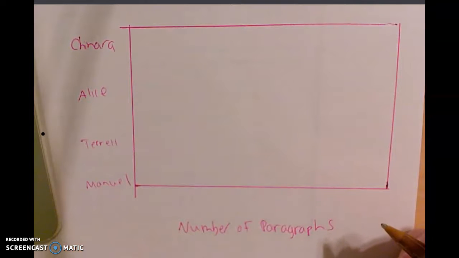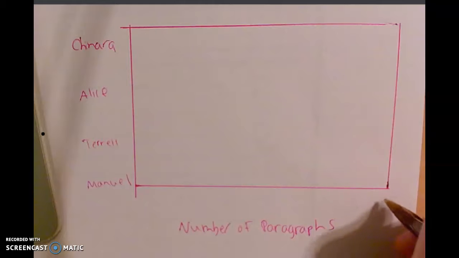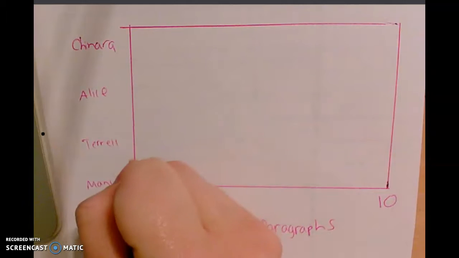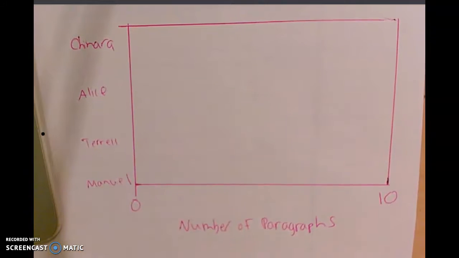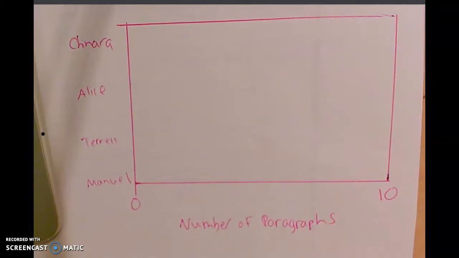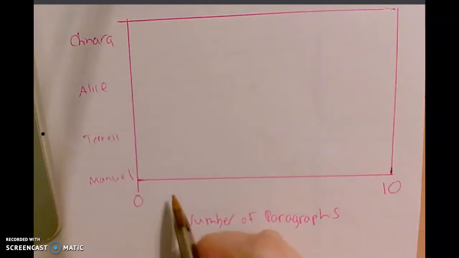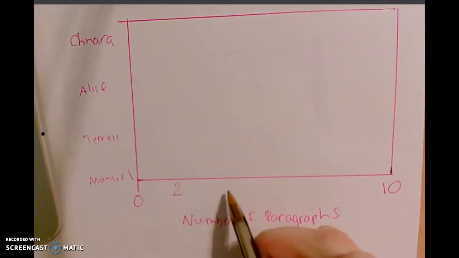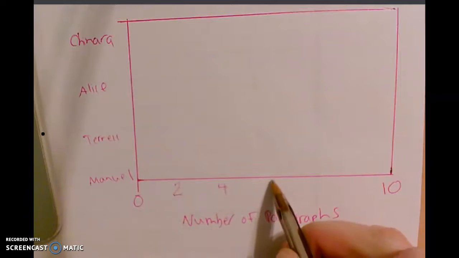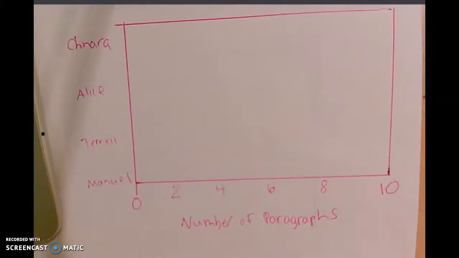All right, and in our table, story 1, story 2, our smallest number, it looks like, is 3, and our largest number is 10. So we'll start this out over here at 0, okay? The best thing to do would be to go in increments of 2. So I can do 2, 4, 6, 8.